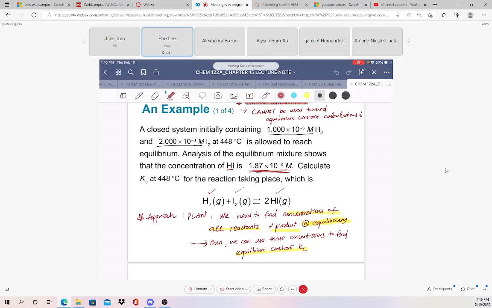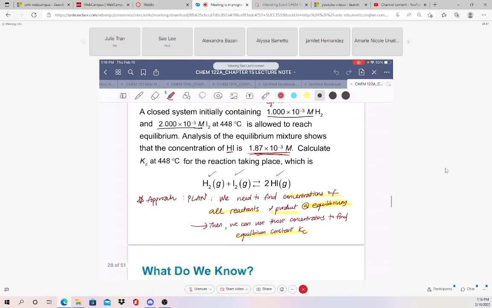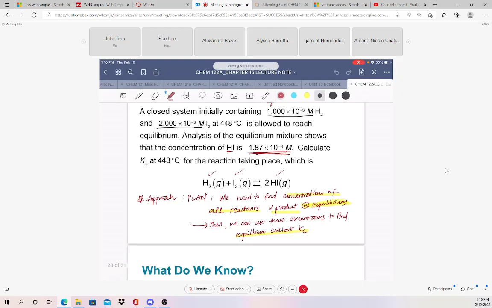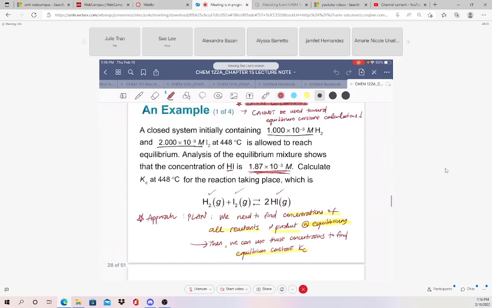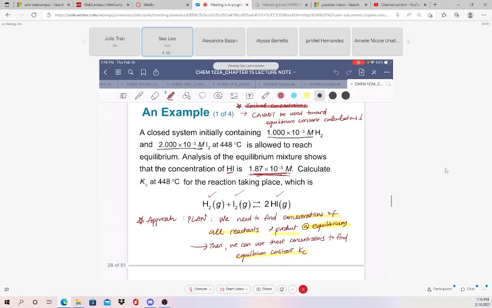Okay, so last time we were solving example problems where we were provided the initial concentrations of the reactants and then the equilibrium concentration of the product.